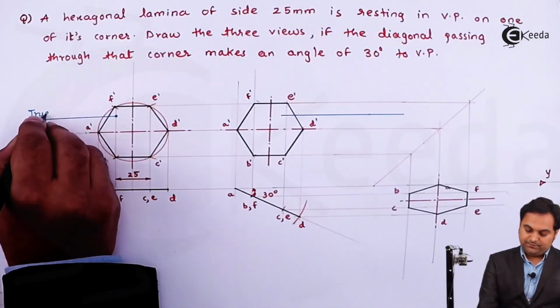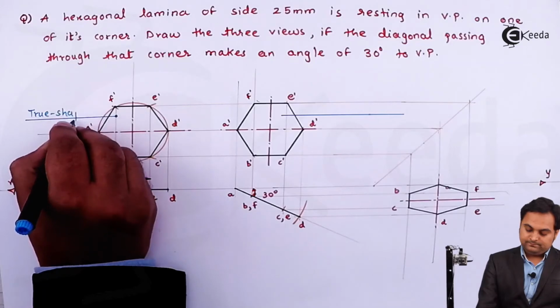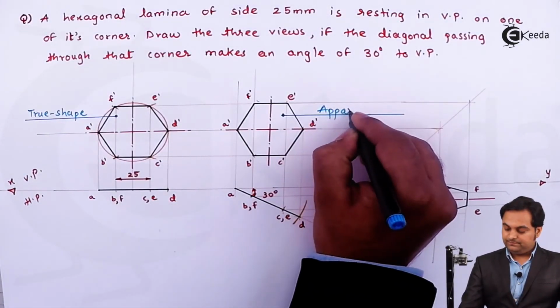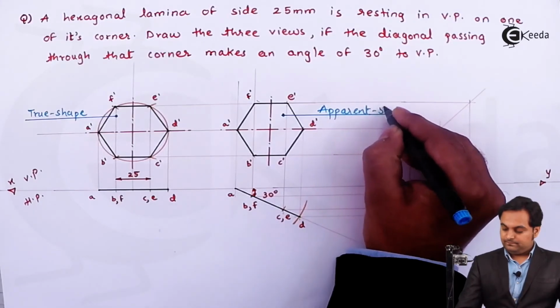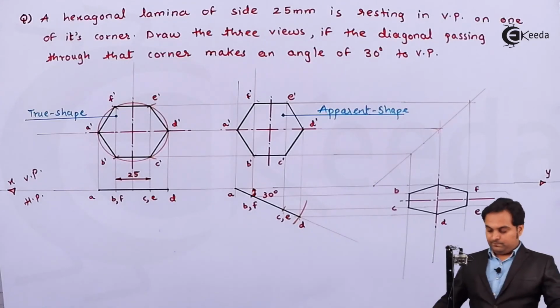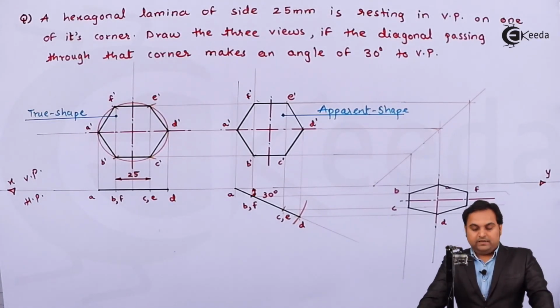This is the true shape. This is the apparent shape. And with this, the problem gets completed.